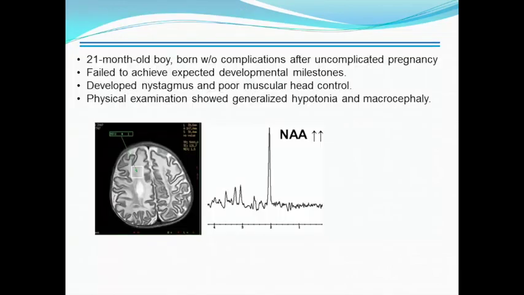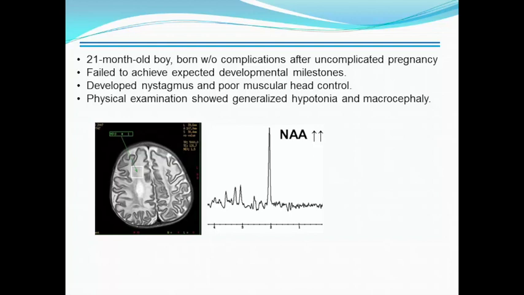So another disease, so here, a 21-month-old boy born without complications after uncomplicated pregnancy, failed to achieve expected developmental milestones, developed nystagmus, poor muscular head control, and physical examination showed generalized hypotonia and macrocephaly. So here's the spectrum.